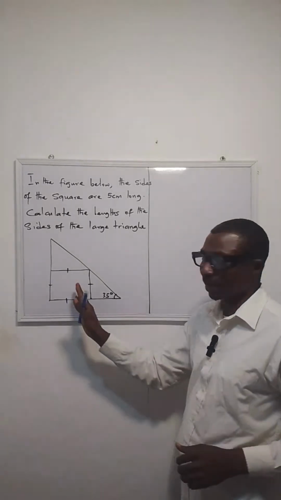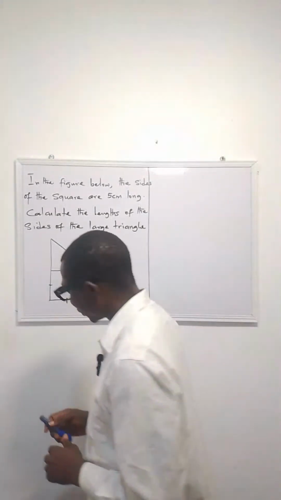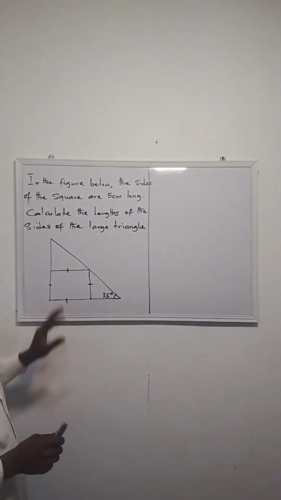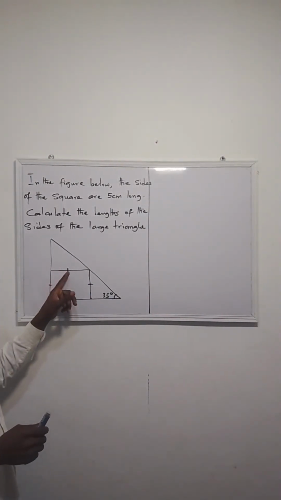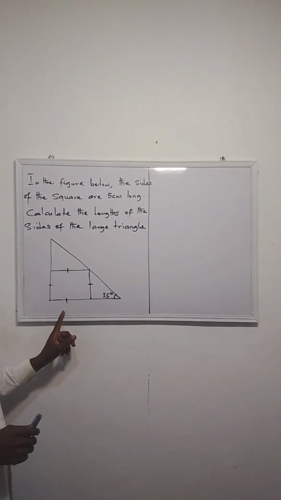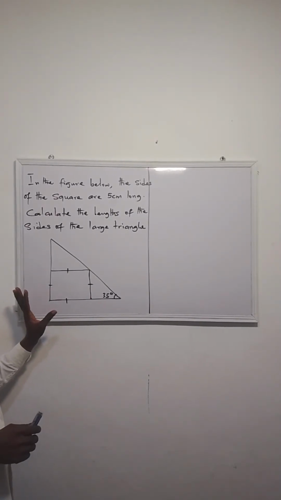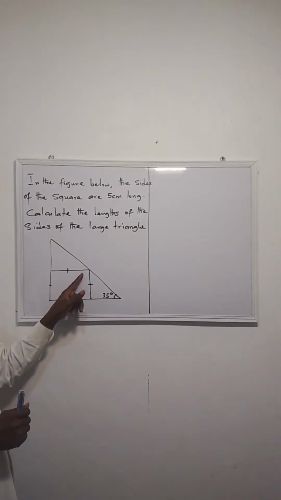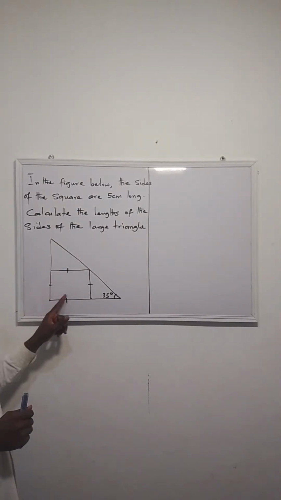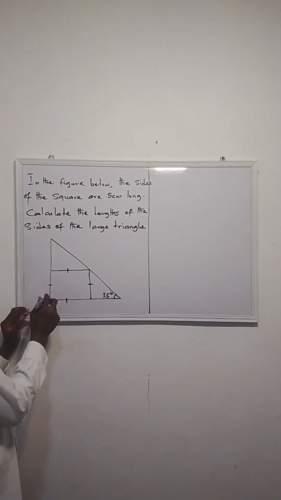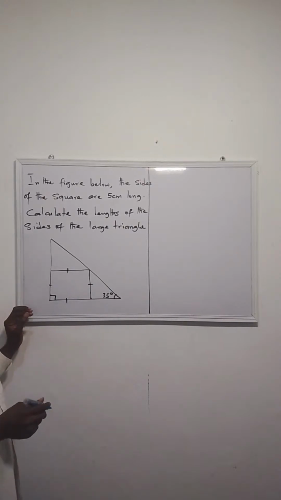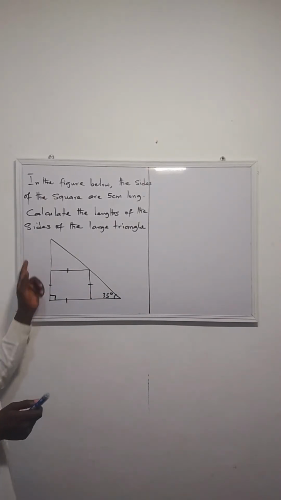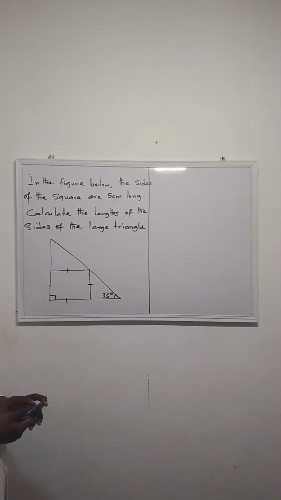All right, now let's look at this triangle. You can see a square here, which means all the sides are equal. That's the characteristic of a square. And secondly, the angles of a square, each of them is 90 degrees. So this place is going to be 90 degrees, and that makes this triangle a right angle triangle.